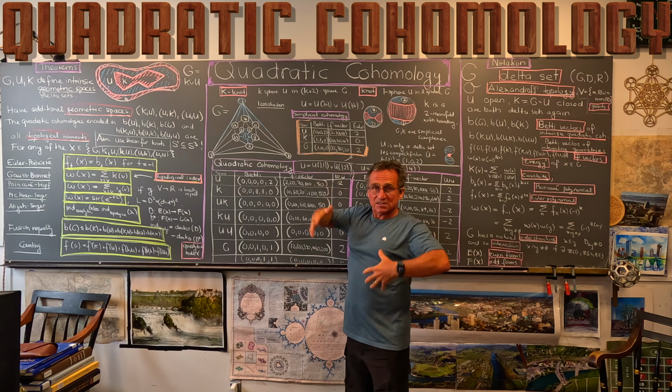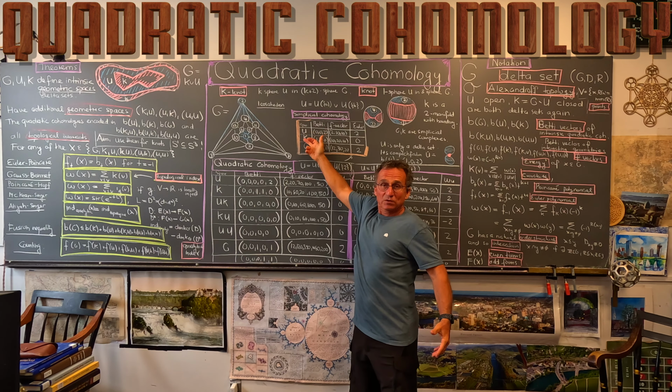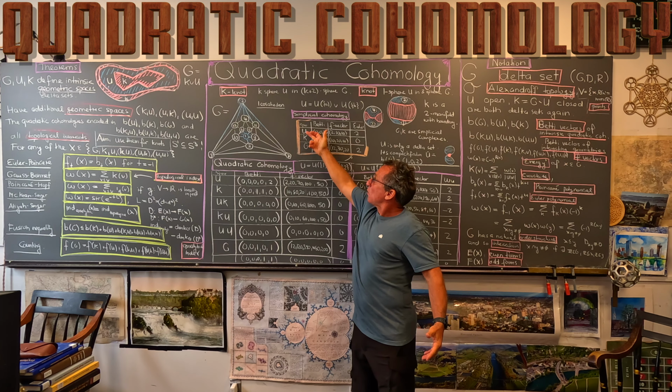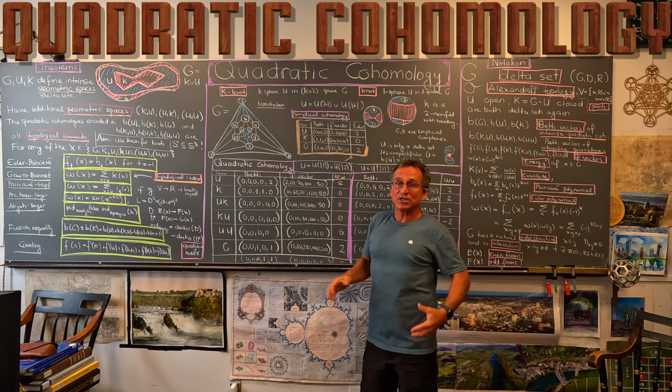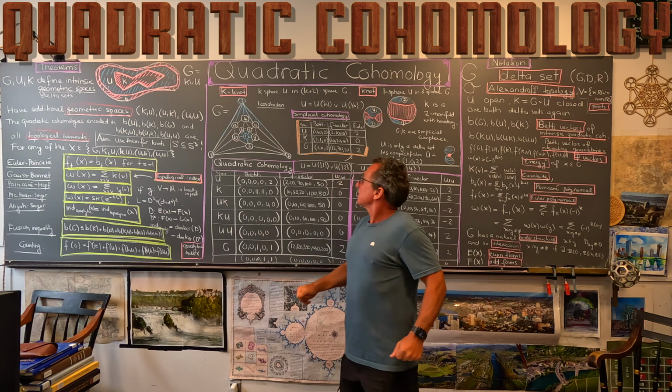So it is also intrinsic for U and K. U is the open set, K is the closed set, and G is the union. So you can look at that, and it's pretty robust. For quadratic cohomology, also the interactions play a role, and then it's topological invariant. So you have to be careful with the setup.